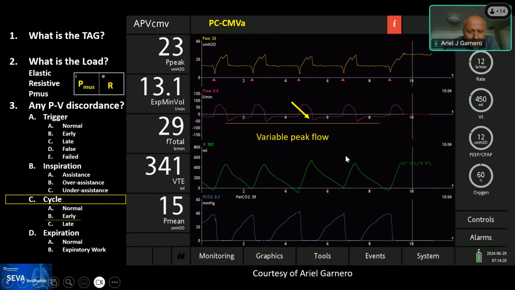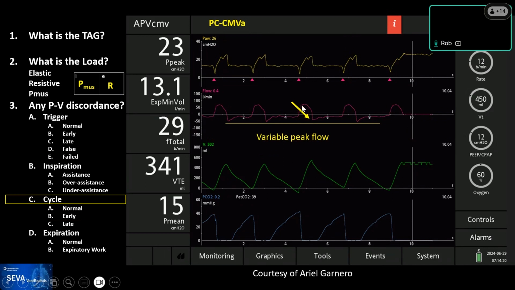Yeah. So based on the last graphic, when we have a very nice plateau, do you think that the P-mus is extended beyond, because it looks pretty relaxed? Well, not for that particular effort, but you can see that these flow waveforms are distorted clear up to the time when the inspiratory time ends, right?